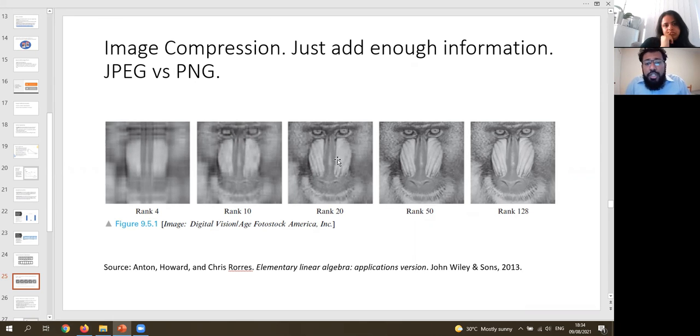Look at the third image here. The third image and the image at the last look quite close to each other. When we look at the image with rank 50 and the image with rank 128, it's very similar. You really need to magnify to see any difference. So why do we want to add too much information just for a minor improvement?